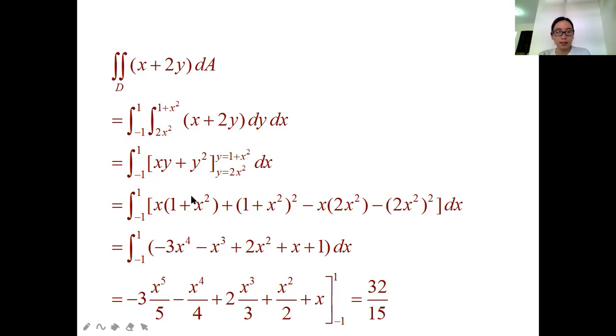So we have x times 1 plus x squared plus 1 plus x squared squared minus x times 2x squared minus 2x squared squared dx, from negative 1 to 1. Then we simplify, then apply the second integral properties. Then the final answer is 32 over 15.